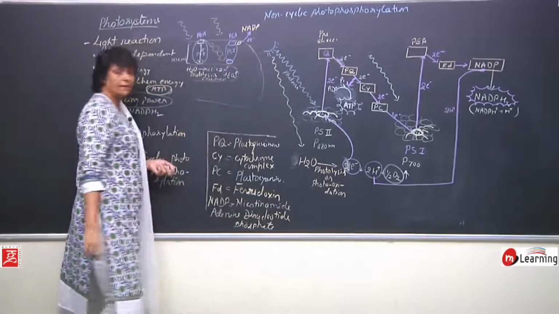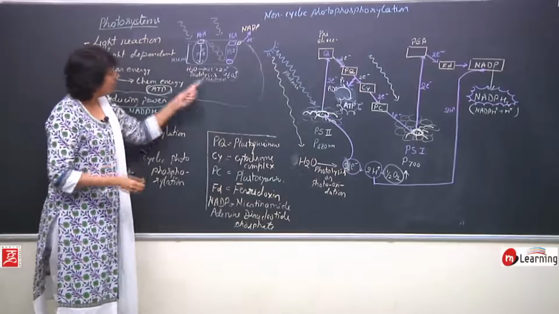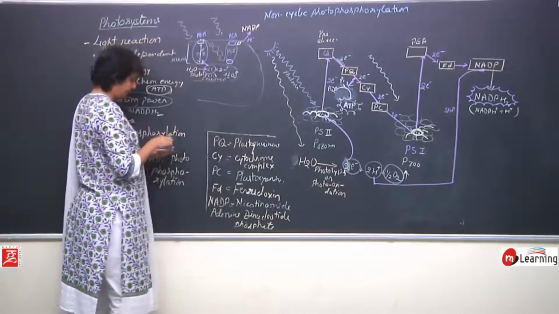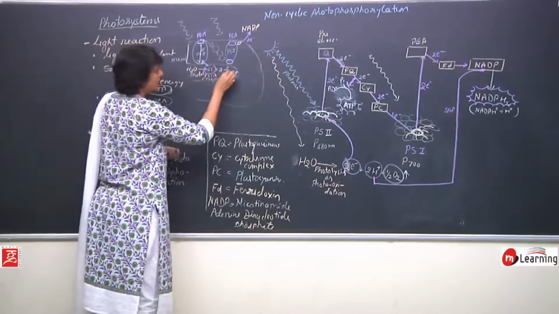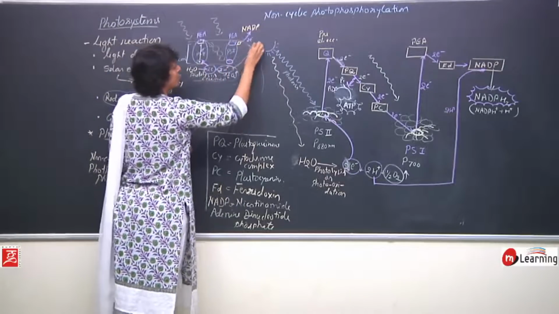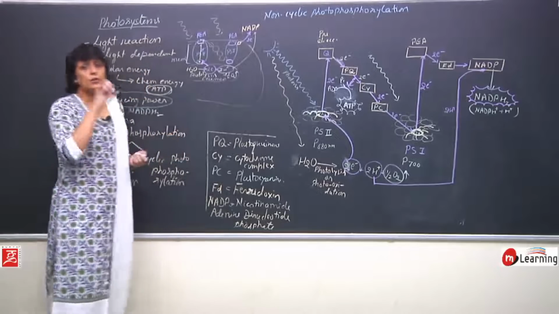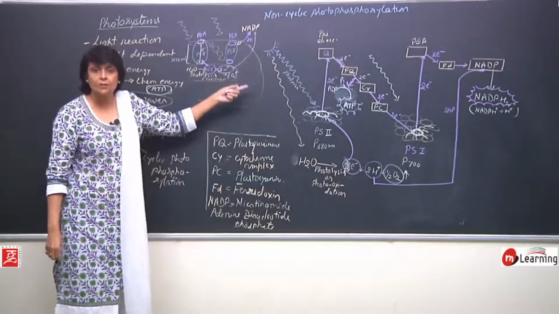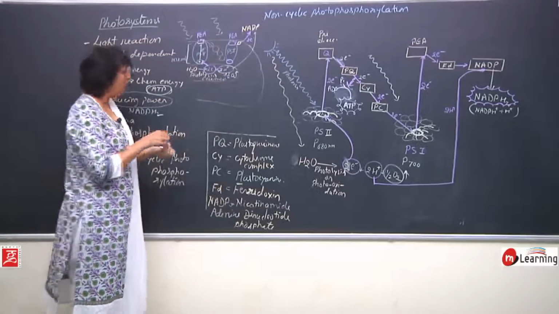This oxygen will be given out. Now, this electron is immediately given to this chlorophyll. This proton, particularly this one, has to go here. It cannot cross the membrane on its own, it will be helped by some other protein molecule.